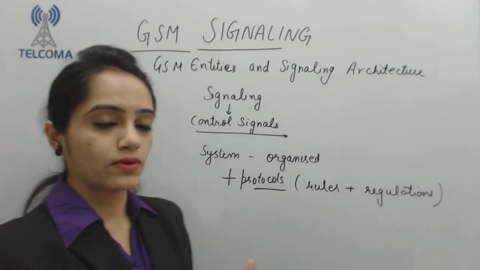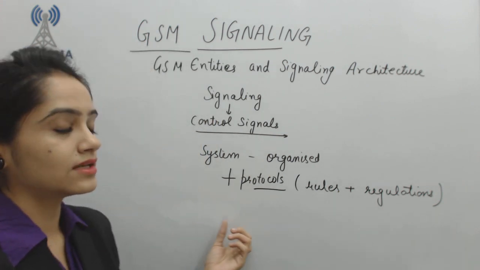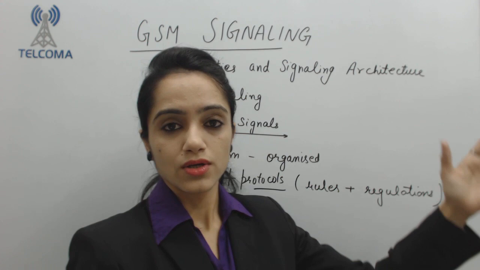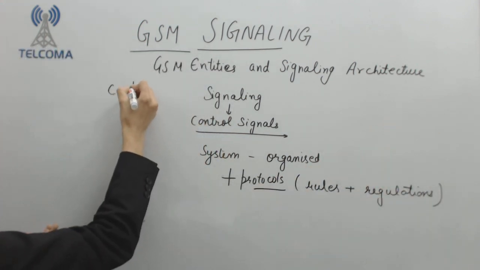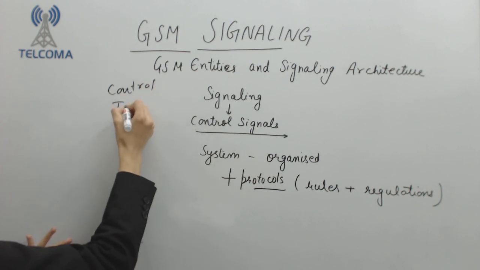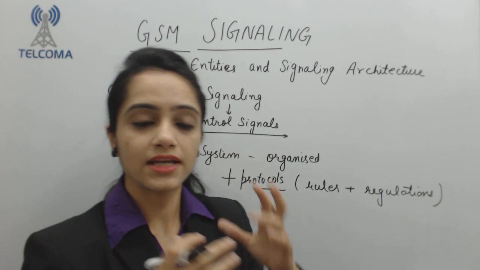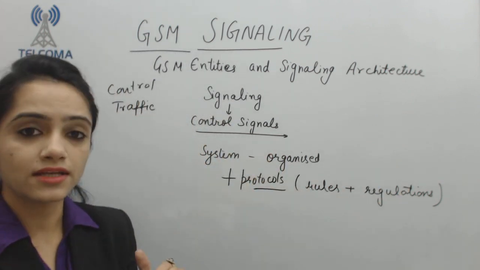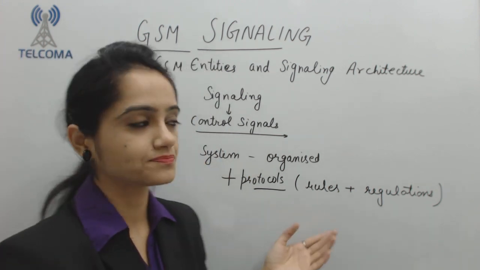So these protocols decide how my system will run, how my MSC will locate users, how control signals will flow. We have two types of signals: one I name control and another traffic. Traffic signals carry my data bits, but control signals are those used for controlling the system.